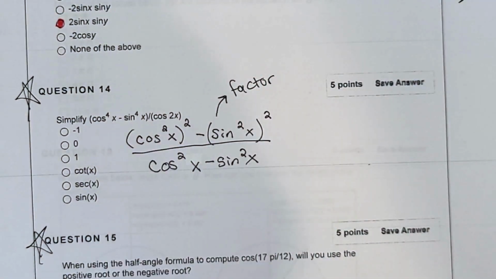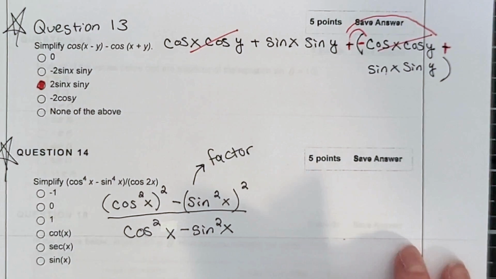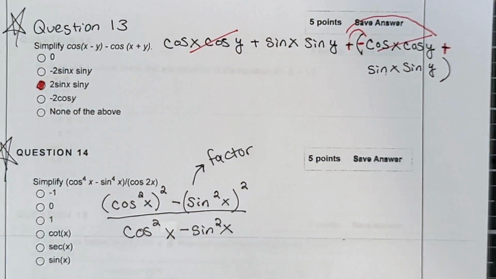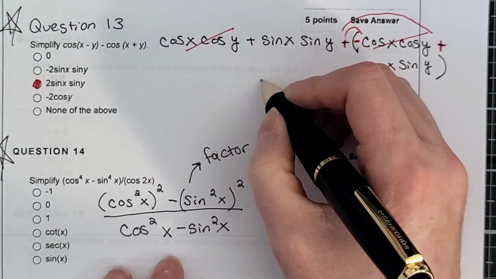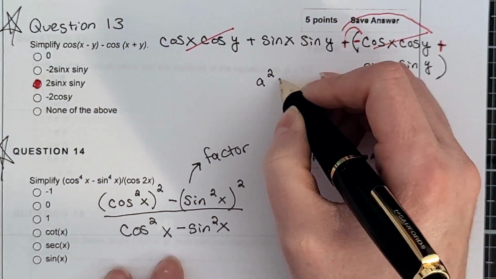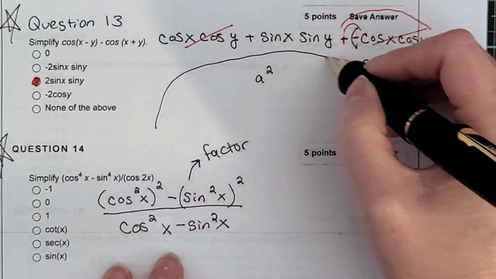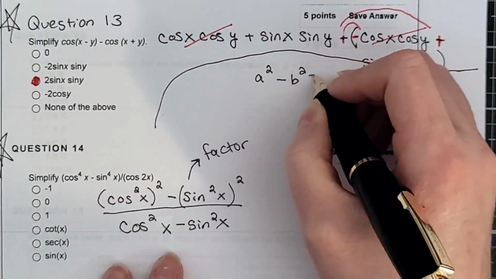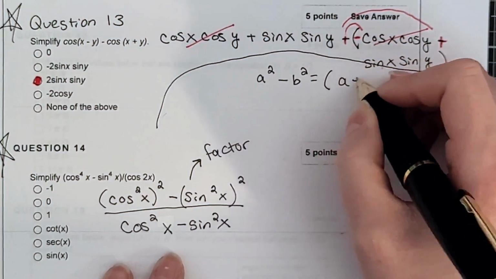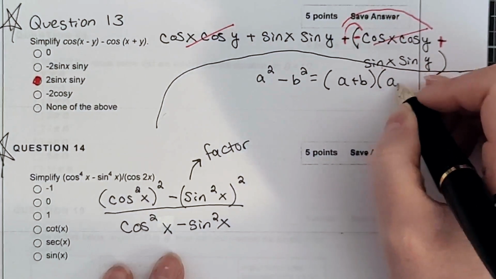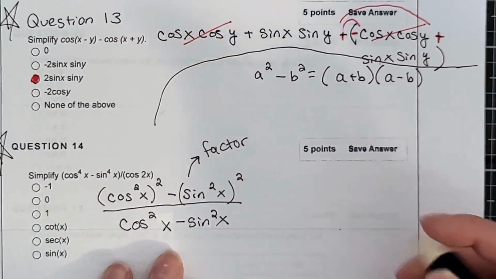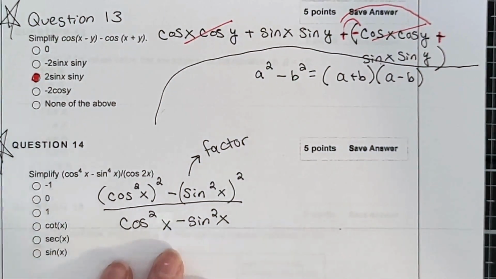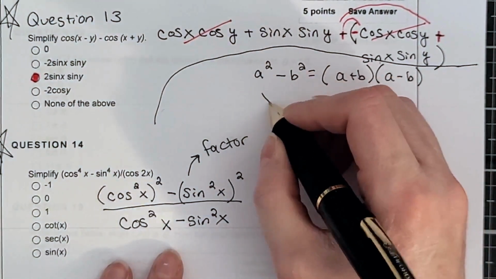All right, so we're going to recall some stuff from the college algebra class that we had done previously to this class. So a squared, put a little line here, that had nothing to do with question 13, minus b squared is equal to a plus b, a minus b. All right, now let's do an example that you're more used to seeing, that you would have seen in college algebra.